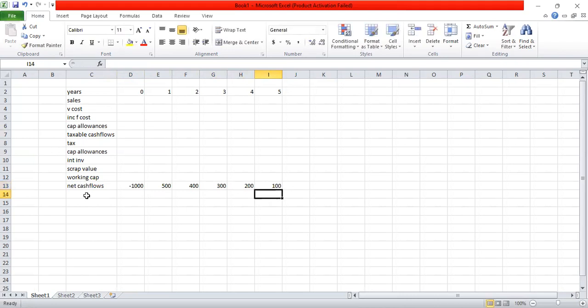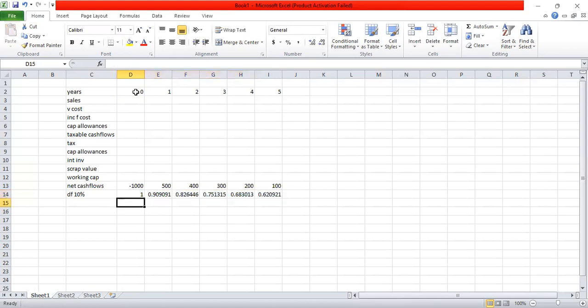Now let us assume the discount factor is 10%. One previous method which you can follow: as this discount factor is 10%, it will be 1.1 raised to power minus this one. Whatever this is coming, just copy paste it into the next cells.